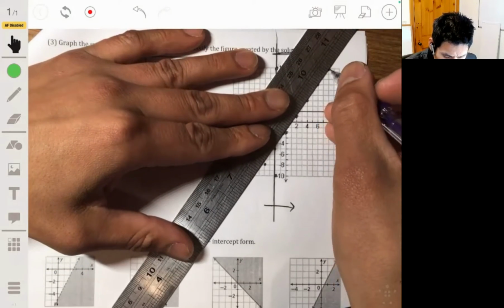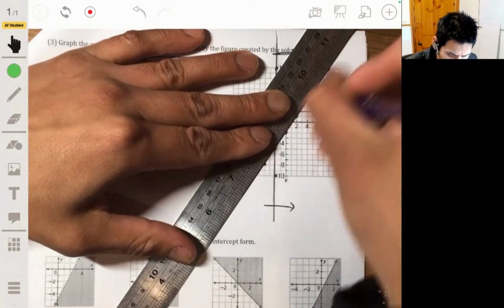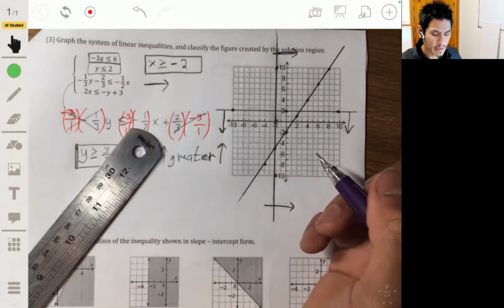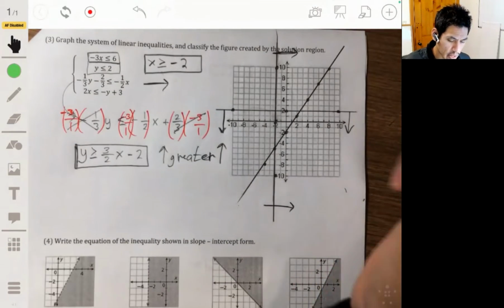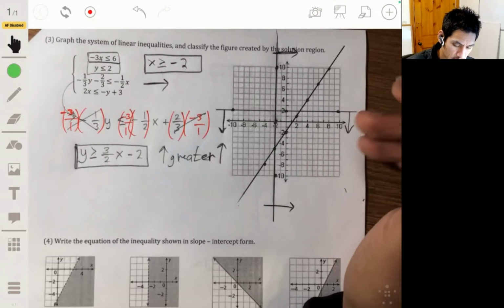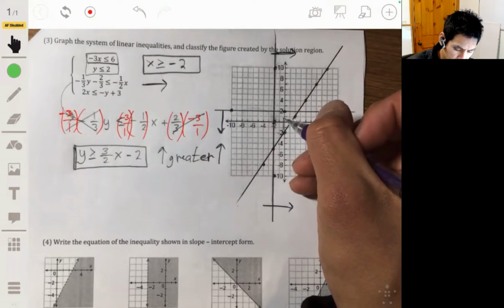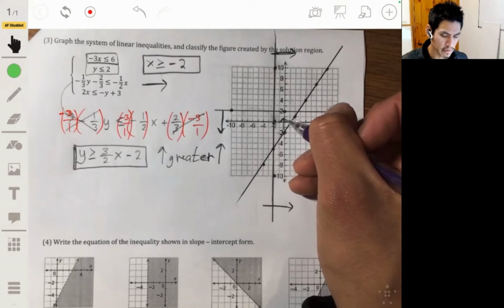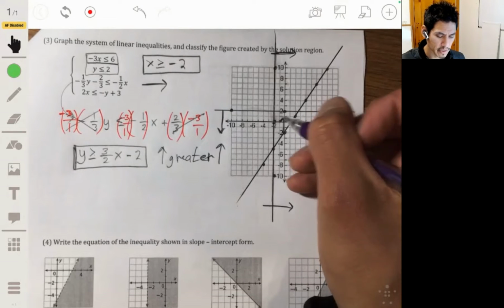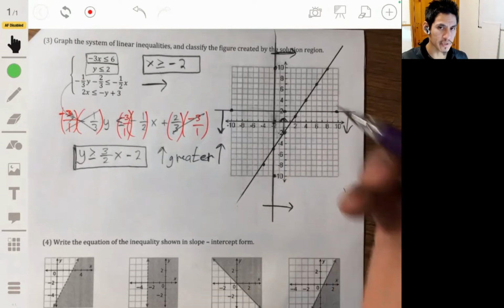Draw a solid line. Whoa, let me get this. All right. And we're saying above this line. So then we know it's in the bottom right. If it's above this line, it's going to be somewhere in here. Oh, excuse me. Somewhere in here, maybe this triangle, but we have one more line to go.